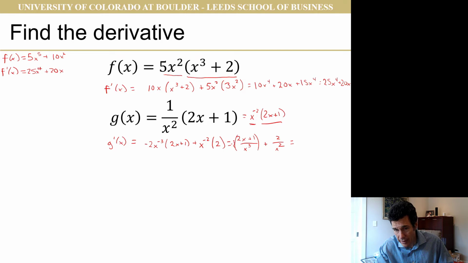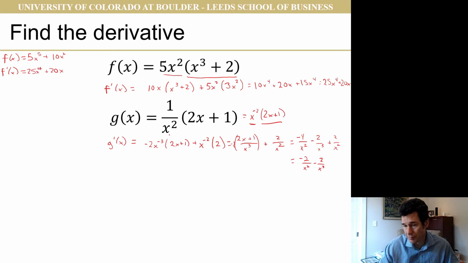We've got negative 2 times this, so that's negative 4 over x squared for the first term, minus 2 over x cubed, plus 2 over x squared, and so I guess that's negative 2 over x squared minus 2 over x cubed. I'm not sure that helped us very much at all.